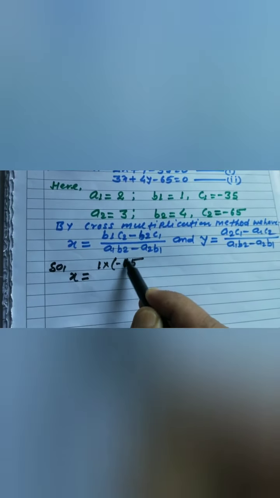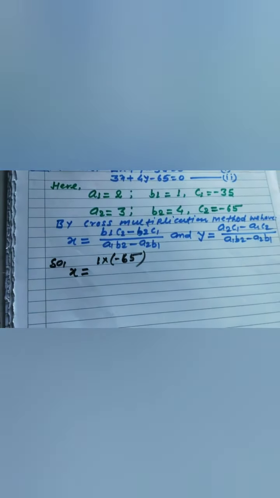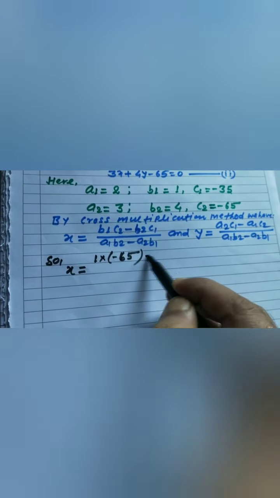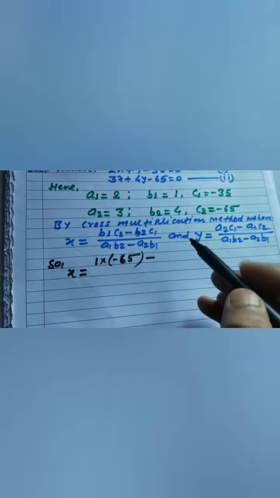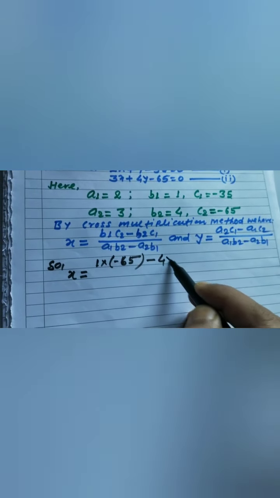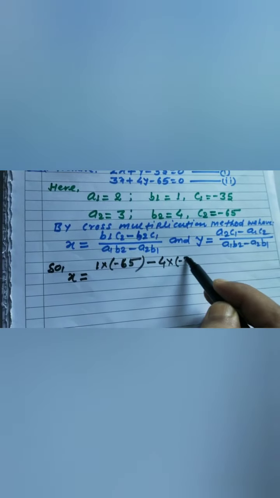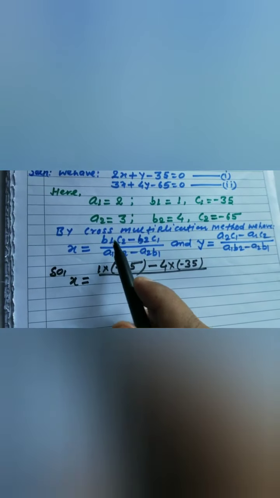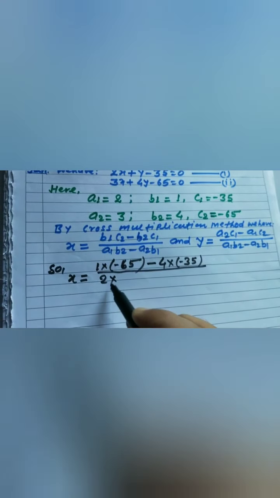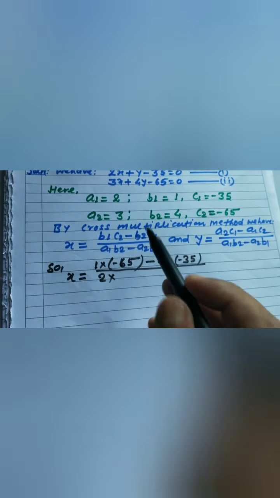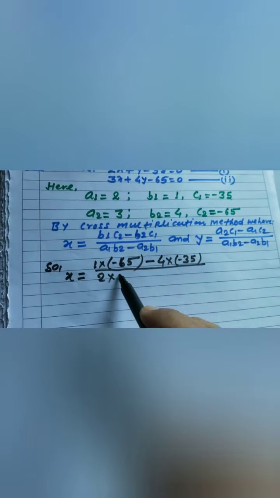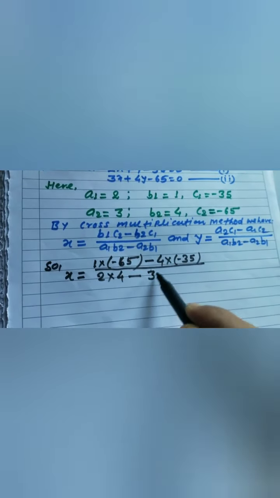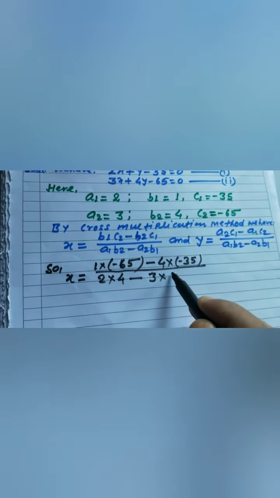So write here minus 65 in brackets. If a minus sign is there, you should always write it within brackets. And now minus b2, the value of b2 is 4, and c1 is equal to minus 35, upon a1 is equal to 2, and b2 is equal to 4, minus a2 is equal to 3, and b1 is equal to 1.